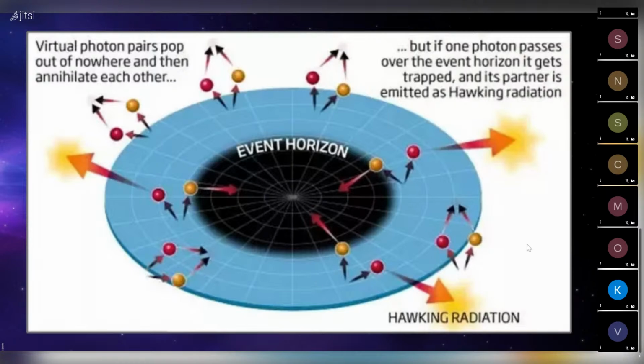Why is it happening so? Can you type the question in the chat box because I'm not able to hear it clearly. Sagar is asking: if a particle goes into the event horizon, why is antimatter emitted as Hawking radiation?